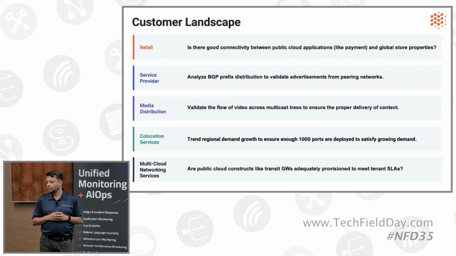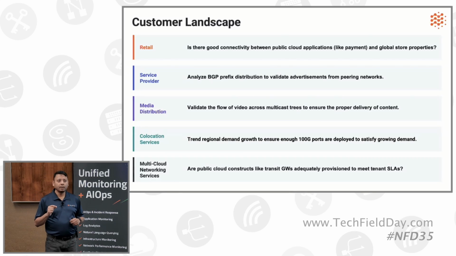That's been the key focus for retail. For service providers, it's looking at the routing stack, at how the routes are advertised. If there is an increase in latency or packet loss, how do you root cause it, whether it's the routing layer or the device layer? That's been the focus for the service providers.